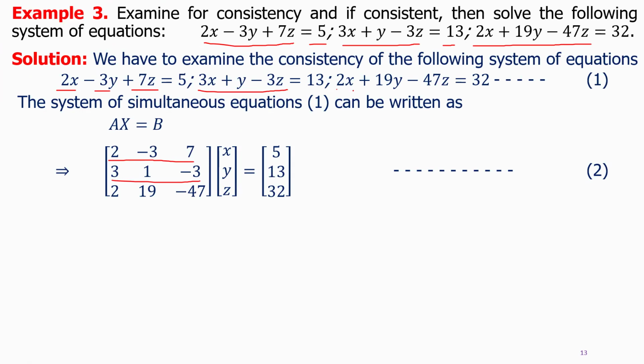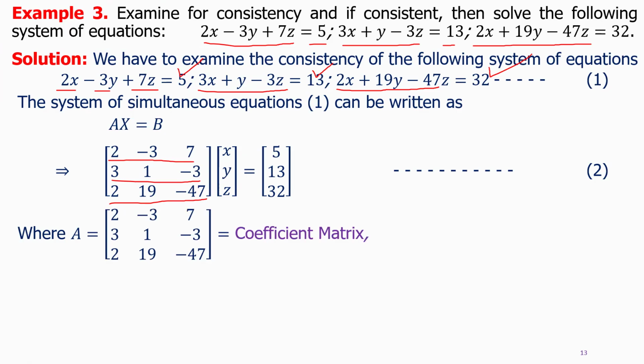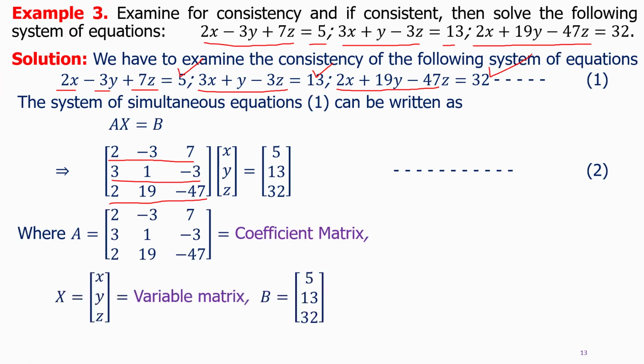And in the third equation, 2, 19, minus 47. And the constant terms are 5, 13, and 32. Where A is the coefficient matrix, X is the variable matrix, and B is the constant matrix.